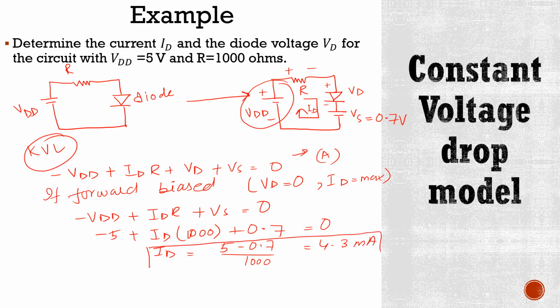Now what will be the value of diode voltage VD? We know that the constant voltage drop model has a constant voltage drop of 0.7 volts. So this is the value of the diode voltage in this model. Now what is the ideal diode model?